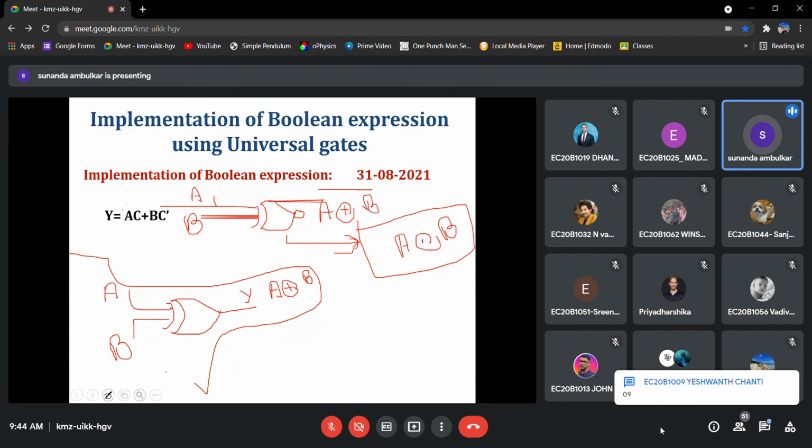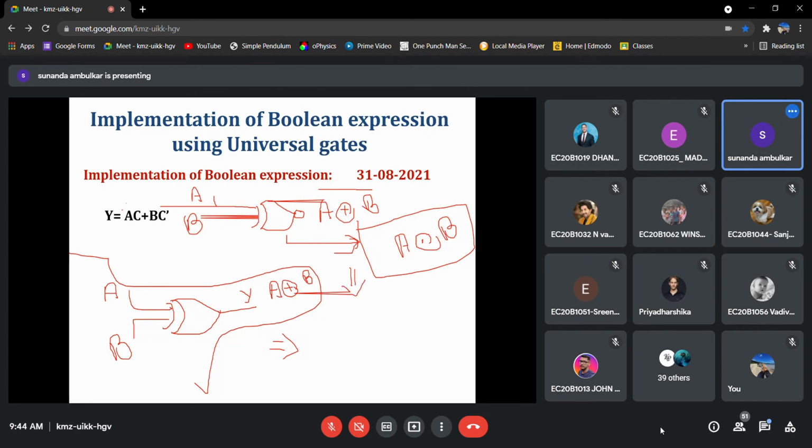The difference between these: for exclusive OR, when the inputs are different, it will give a high value, and when the inputs are the same, it will give a low value.